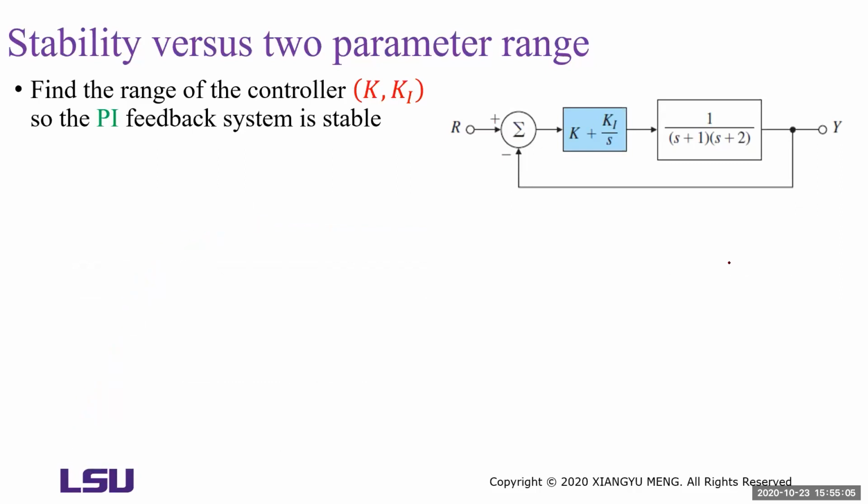So same thing, first step, you need to find the transfer function for the closed loop system from the input to the output. I will let you do it. Find the transfer function from the input to the output. What you need is a denominator polynomial.